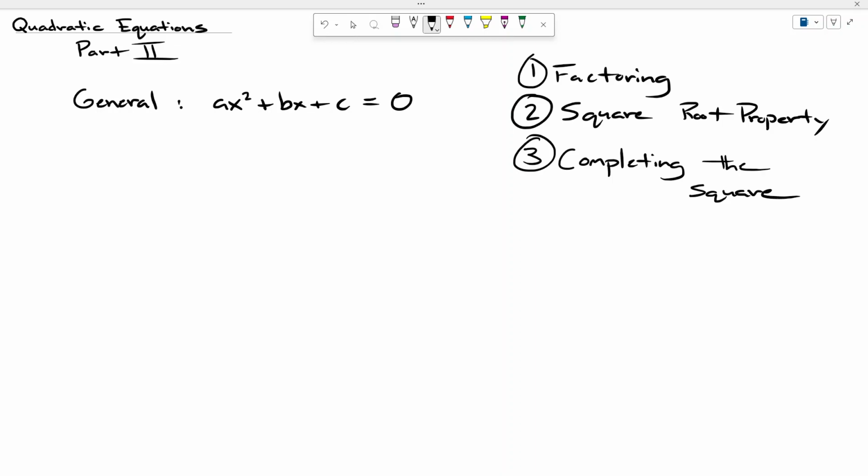And in a nutshell, what completing the square does for us is it allows us to turn a difficult quadratic equation into one that can be solved using the square root property.